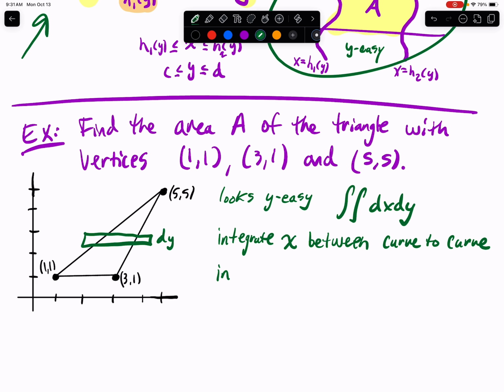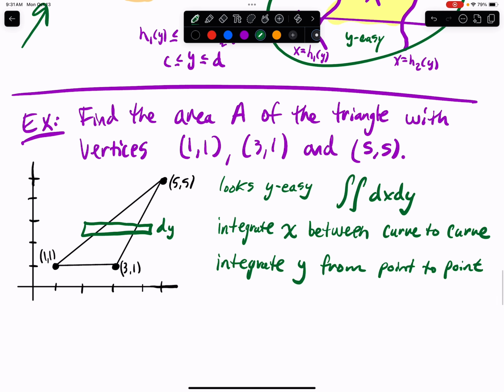And then I integrate y from point to point. So x, the x value, what is it between?